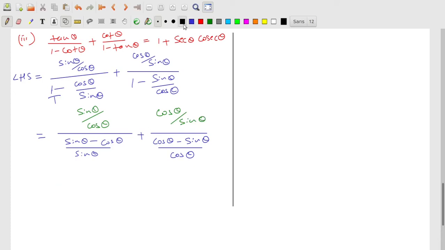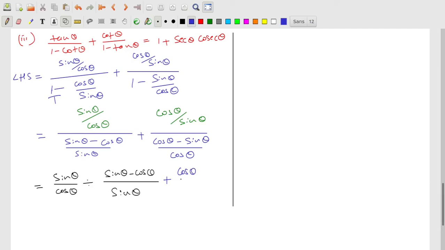So next step, I will take this sin theta by cos theta here and then multiplied by, so we need to take a reciprocal of this, yes or no, because this is a division. Let me keep it as division, so divided by sin theta minus cos theta and then sin theta. And the second term, what is the second term here?